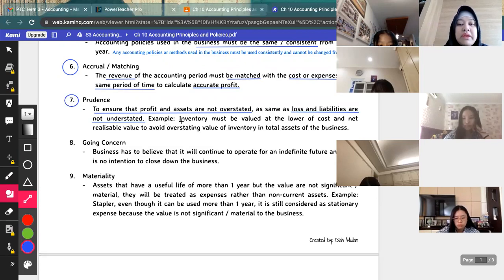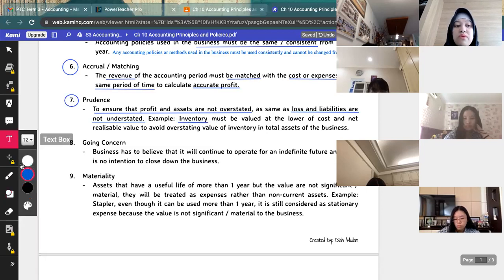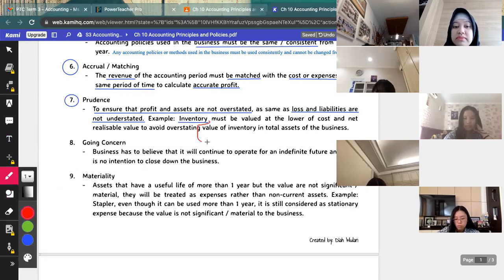Now, example. Inventory must be valued at the lower of cost and net realizable value to avoid overstating the value of inventory in the total assets of the business. Okay, inventory is an asset.